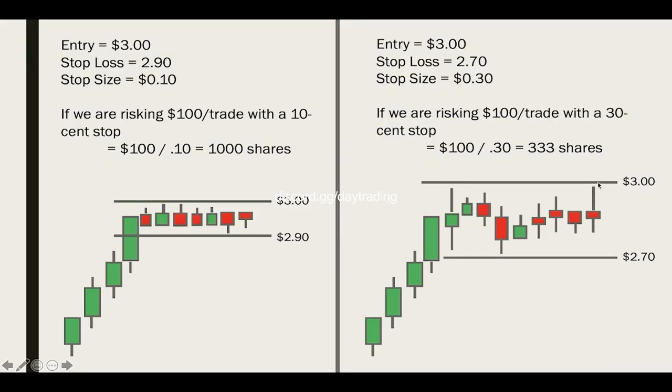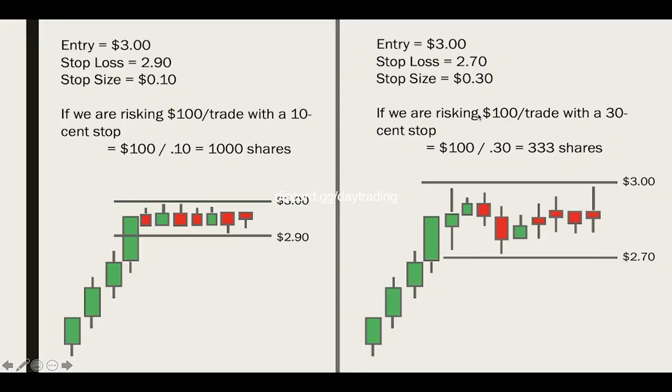Meaning, if you get in at $3, you bought 333 shares and it drops 30 cents, you will lose the maximum amount you're willing to lose, the $100.